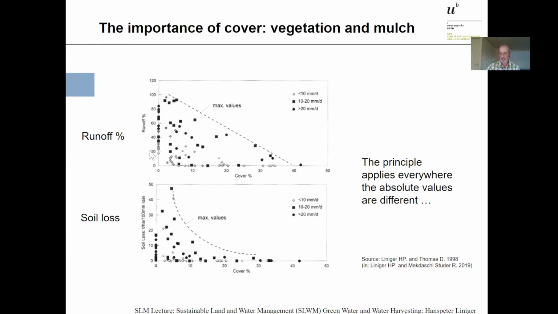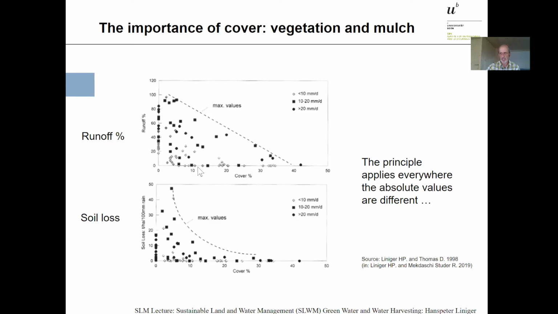Now let's look at the percentage of runoff that you get from different rainfall events: 10 millimeters, 10 to 20 millimeters, and more than 20 millimeters. The higher rainfalls, more than 20 millimeters, give a higher percentage of runoff. You can see it can go quite high if you don't have any cover.